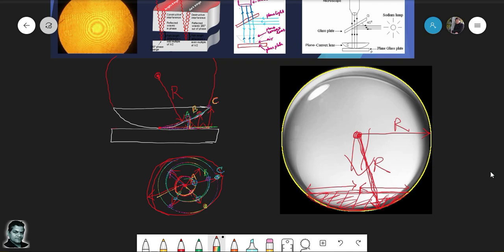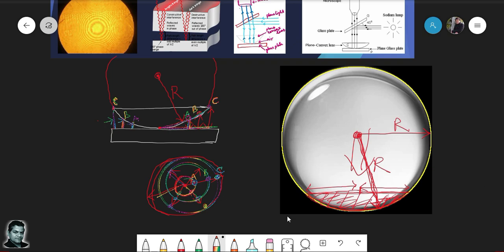Then the thickness at C, which is again a little larger than at B, is again the same for all the points on this circle. So the thickness on the left-hand side at these different points A, B, C would be the same as the thickness at these points A, B, C on the right-hand side, and in all directions similarly.